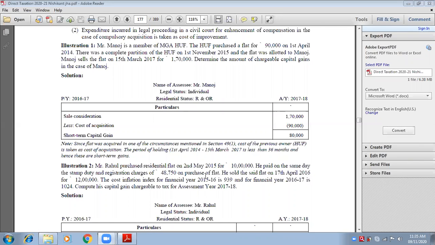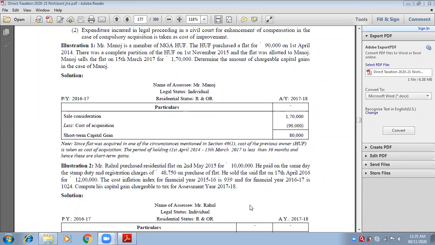Acquisition means purchasing. So is transfer expense given in the question? No. So put it in the inner column as nil. You can leave it with a dash or hyphen. Okay. Transfer expenses nil.